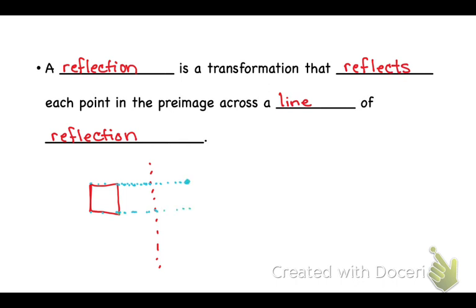And this distance and put a new point. And then I would have it reflected. So this would be A, B, C, D, and we would call this A prime, B prime, C prime, D prime.